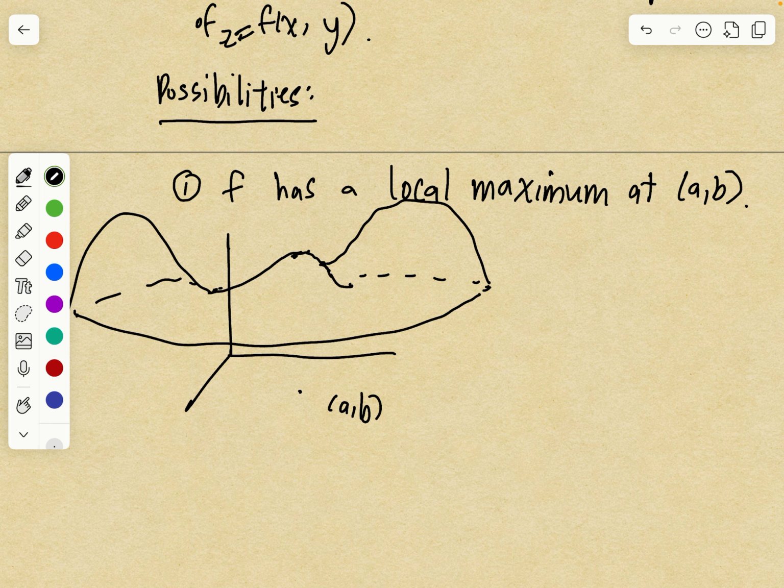So at a comma b, the value of z is this, and it's a local maximum.